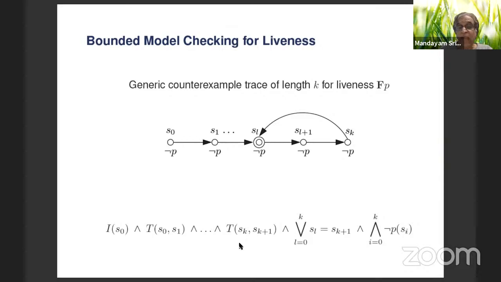SAT solvers have become very efficient in checking satisfiability of formulas that have millions or even tens of millions of variables and millions of clauses. So the size is really not as much of an issue. So you could use this method for fairly big values of k.